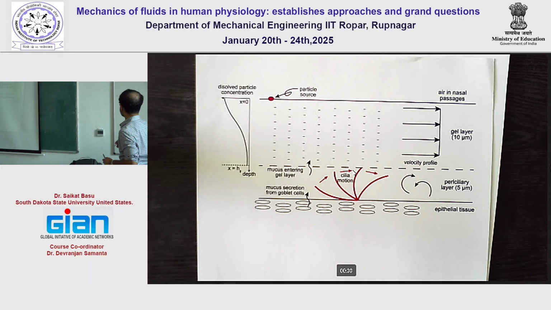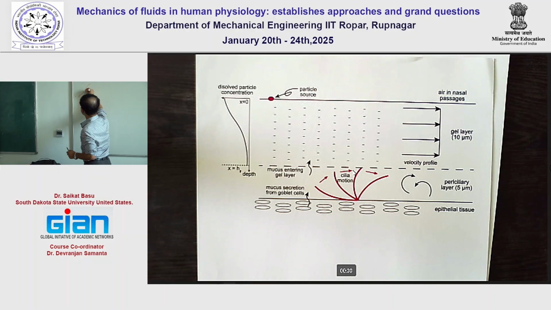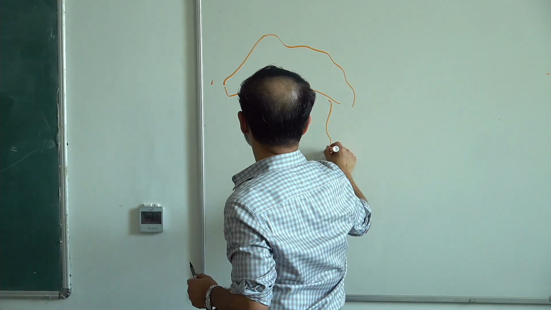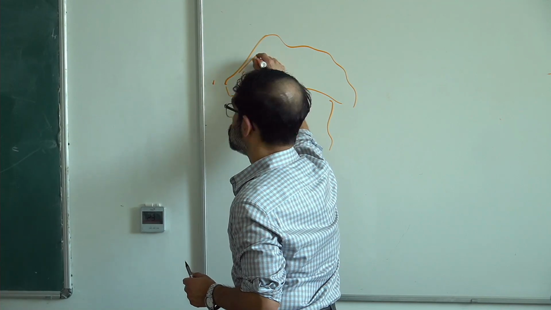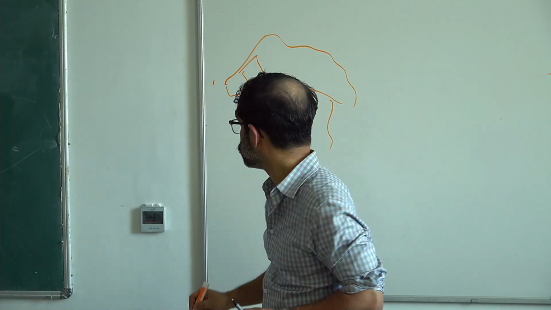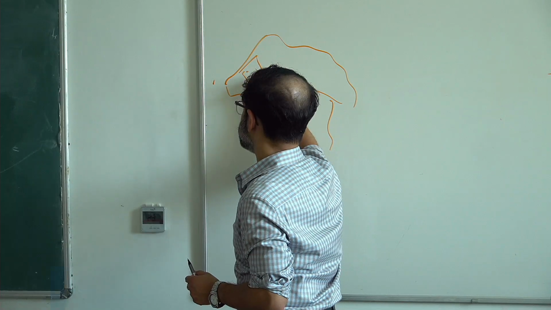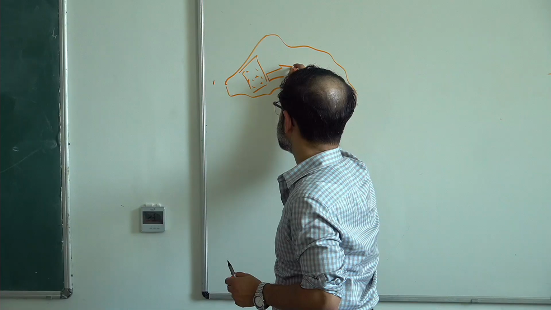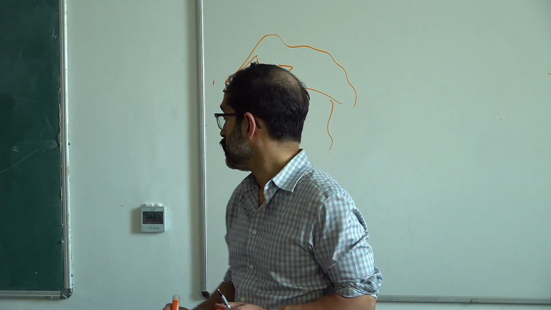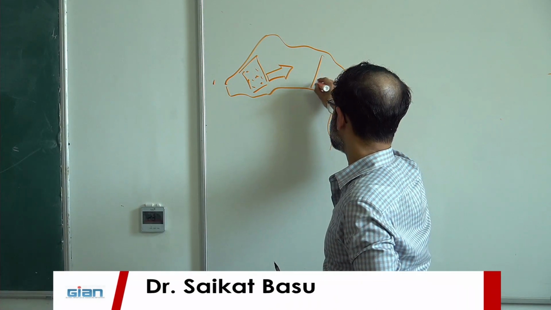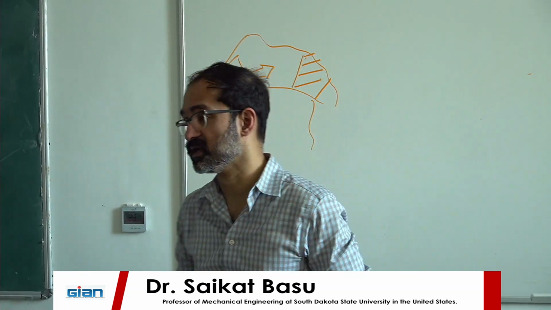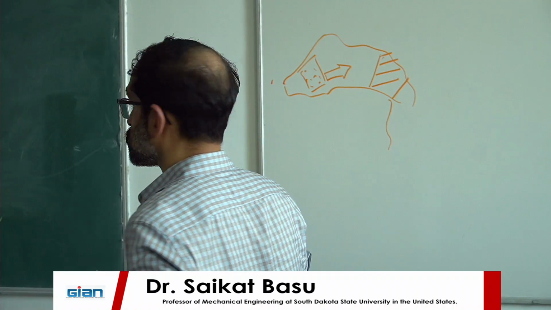So if this is the airway, most of these particles are landing in this region, in the anterior part of the airway. So once they have deposited on the mucus, they are moving with the mucus further downstream. And the target site, let's assume that this is the target site where we have to set, if it's a drug delivery application, that's where we have to set the drug survey.